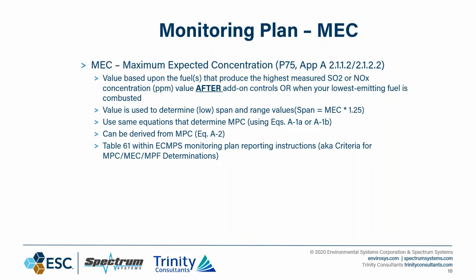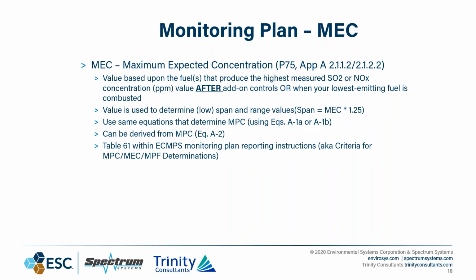For those of you that have dual ranges, your low range is usually determined based on this MEC value. And you can use the same equations that determine max potential, A1 alpha, A1 bravo. Your MEC can be derived from your max potential.